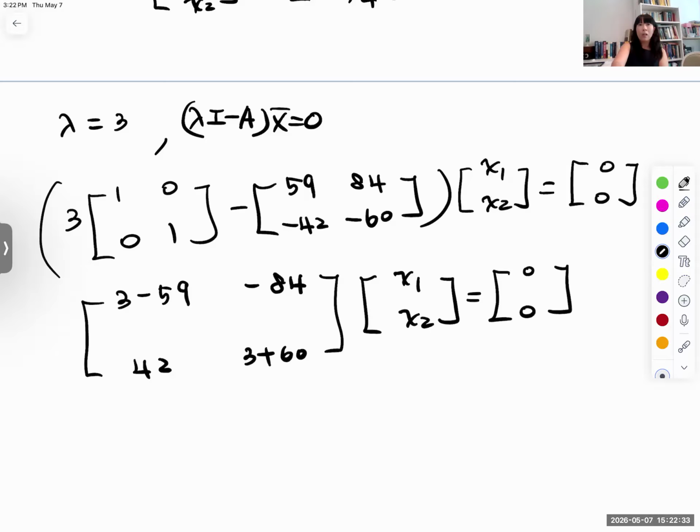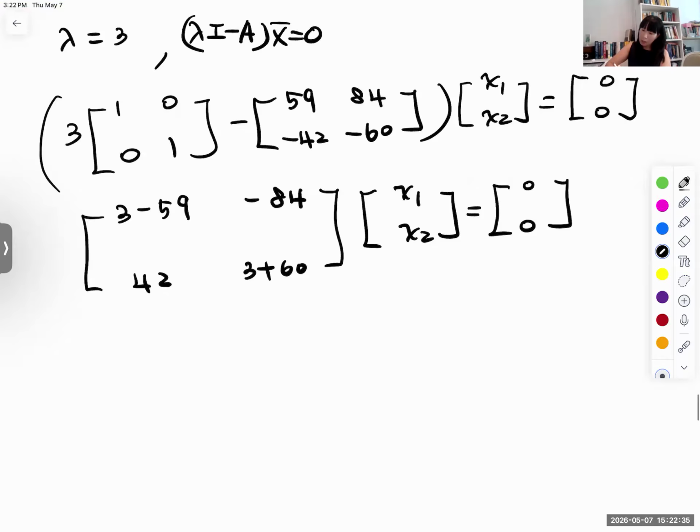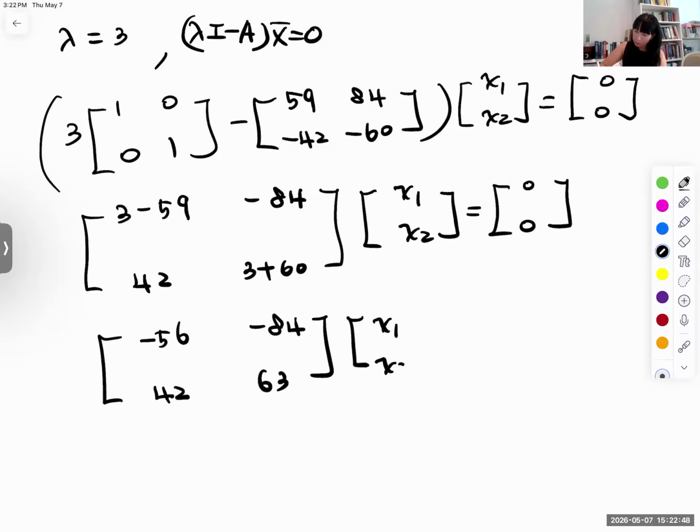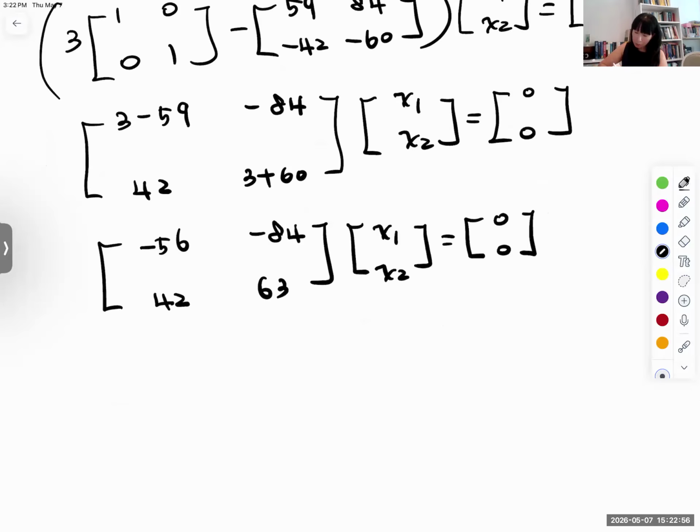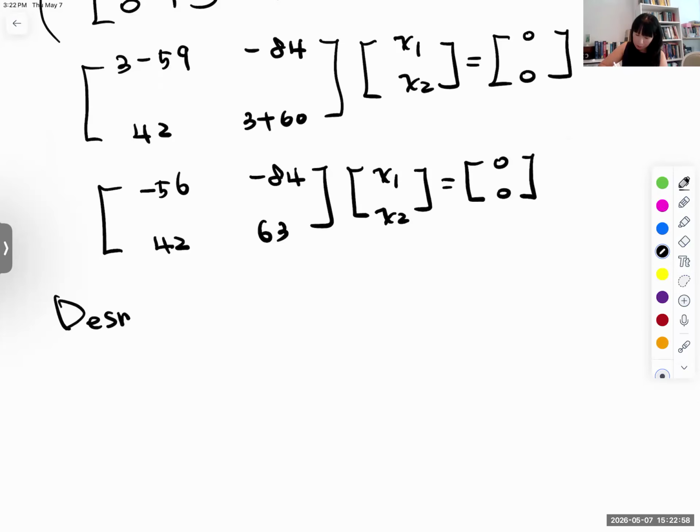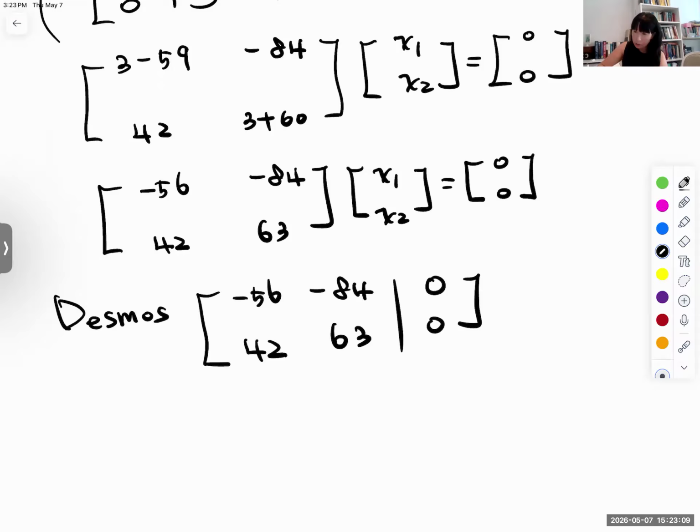So there will be negative 56, negative 84, and positive 42, positive 63, and x sub 1, x sub 2 equal to 0, 0. Yeah, then there will be decimals. We have negative 56, negative 84, 42, 63, 0, 0.